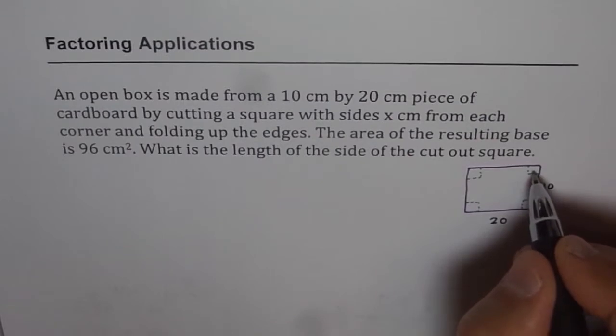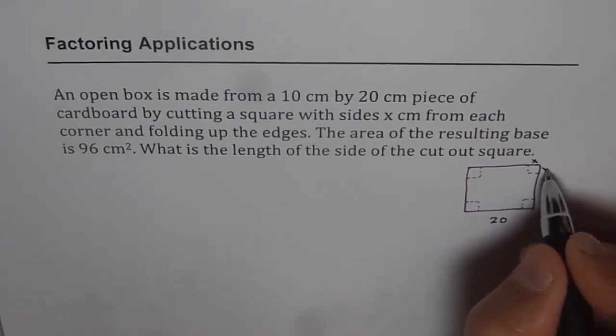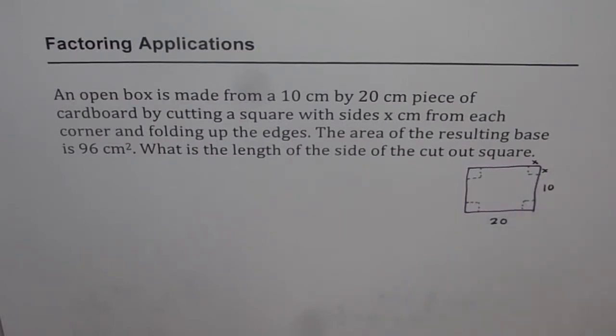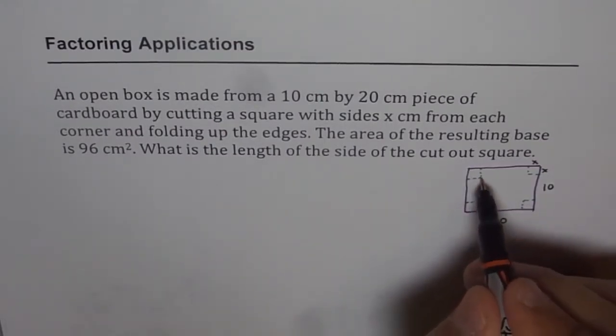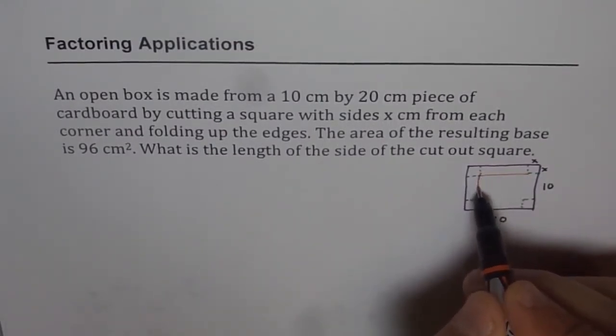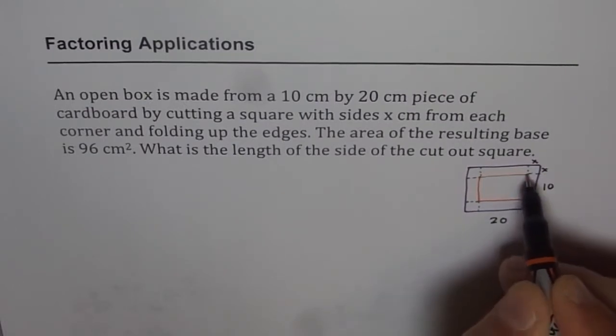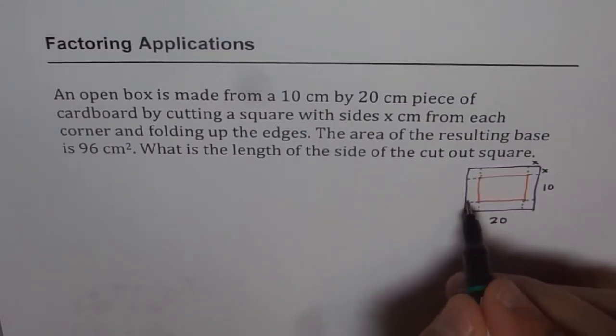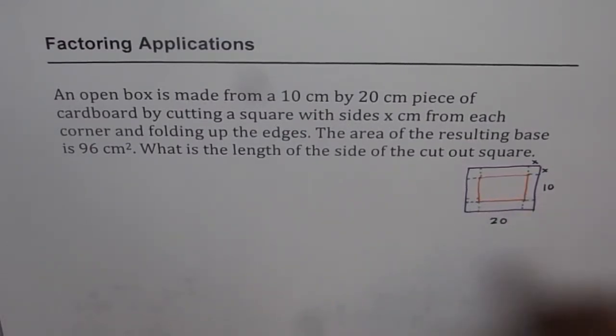Now if we cut out a square piece of x each, then the effective length will be how much? So effectively, if you fold them, then you'll get a box whose dimensions are going to be 2x less from length and width, right? Because you'll remove x from this side and x from the other side.